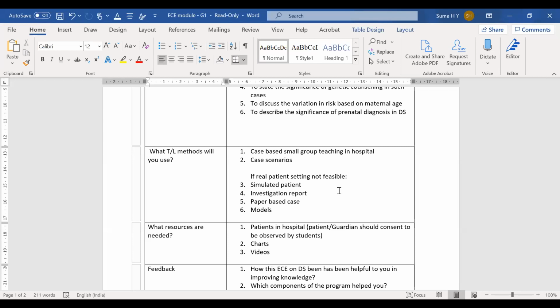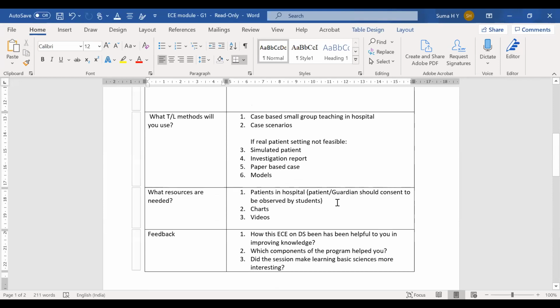When students are in the hospital, case scenarios can also be used if cases are not available. In some hospitals, if a real patient setting is not feasible, we can adopt a simulated patient, an investigation report, a paper-based case, as well as models to help students learn about Down syndrome.